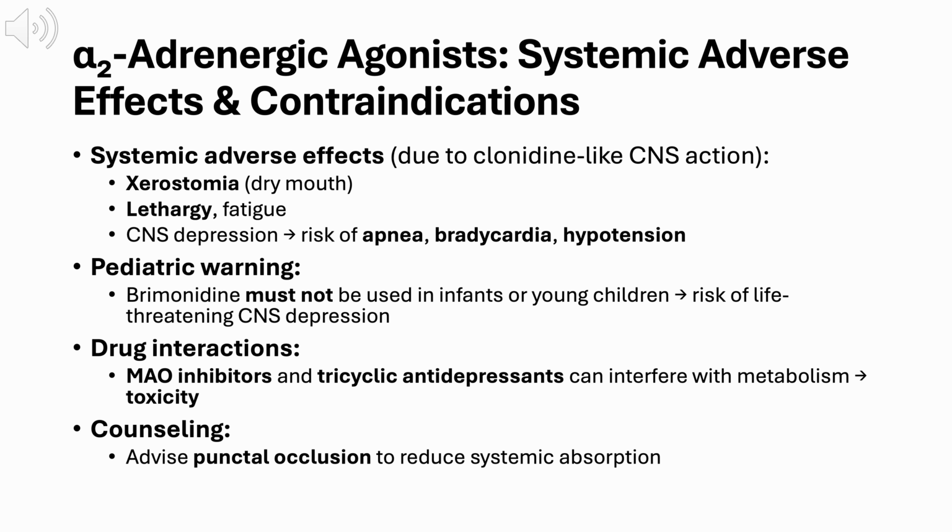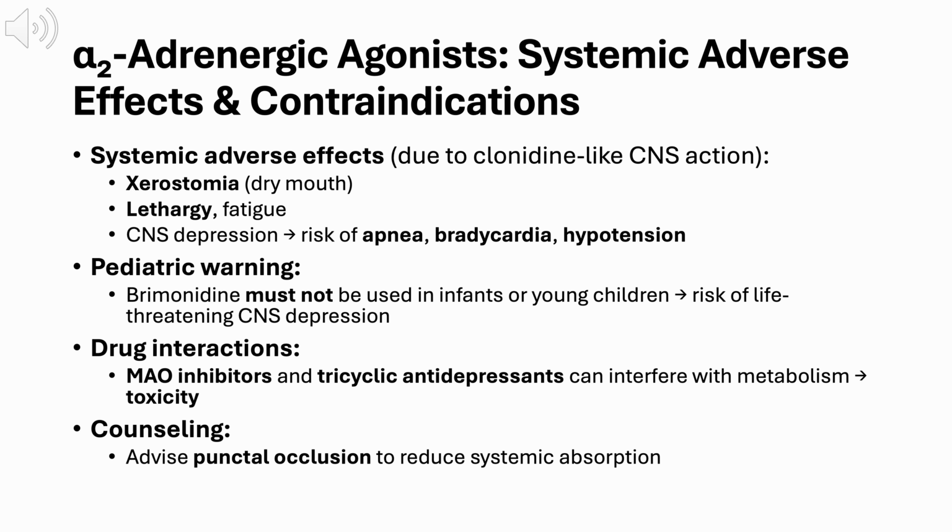Now, let's go over their systemic adverse effects and some contraindications. Because of their clonidine-like central nervous system effects, these medications can cause xerostomia, or dry mouth, lethargy, and fatigue. More serious reactions include central nervous system depression, which can lead to apnea, bradycardia, and hypotension.